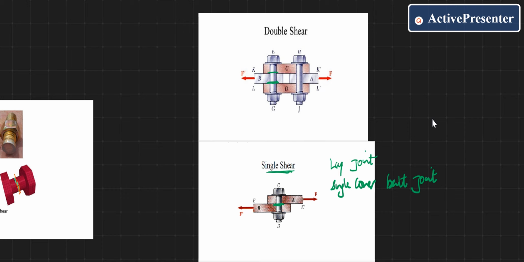At these two planes, the failure can take place, and only after these two planes get cut, the failure of the plate or the element will take place. Such type of failure in a bolted connection is called double shear failure, and this happens in case of double cover butt joint.